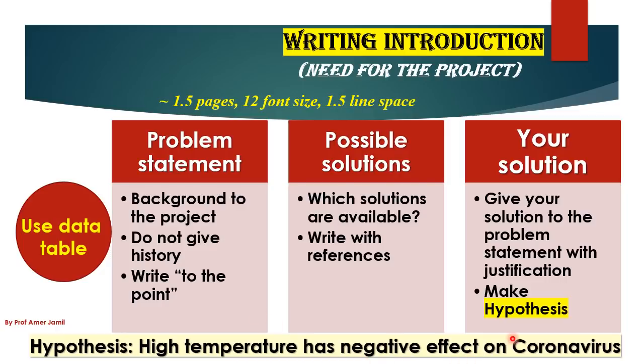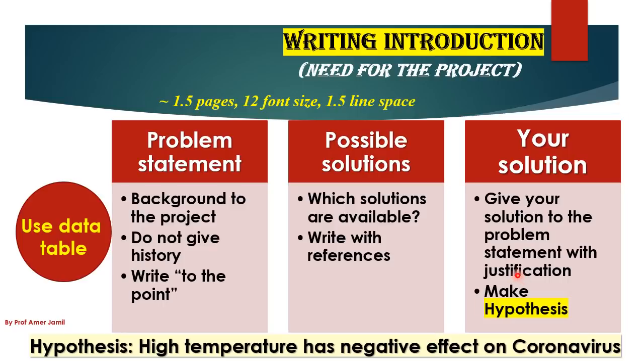And remember, a hypothesis is always a single, very simple statement, and the answer may be plus or minus, yes or no. So your testing hypothesis is that high temperature has a negative effect on coronavirus. You will build your synopsis around that.